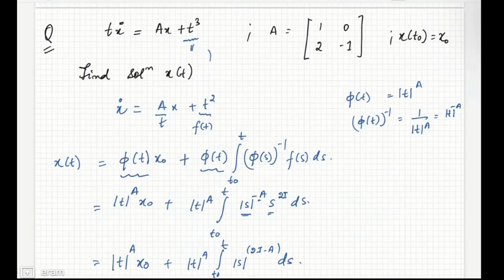So this will be the solution for this system. Obviously you can do the calculations, but the motive was to show how we can find out solutions for this type of problems.